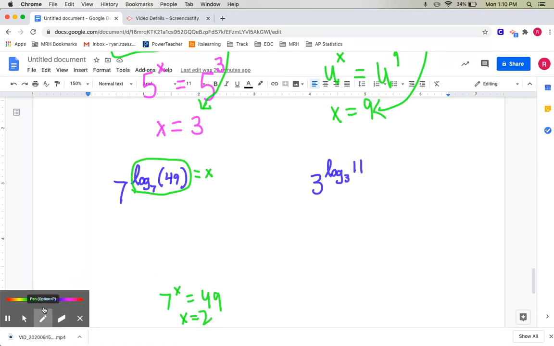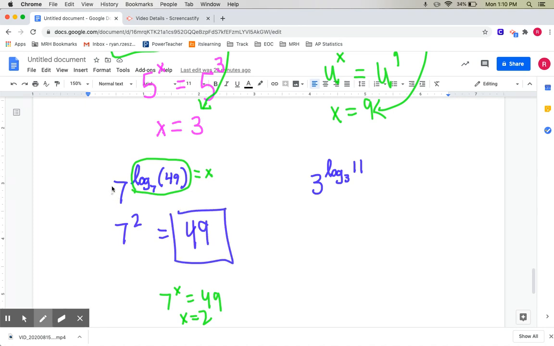So now my problem is going to say 7, and the answer from that was 2. Well, my overall answer is 49. So if this number right here matches a log with the same base in the exponent, they also cancel out, and you just get the number right here. You can just scratch them out.